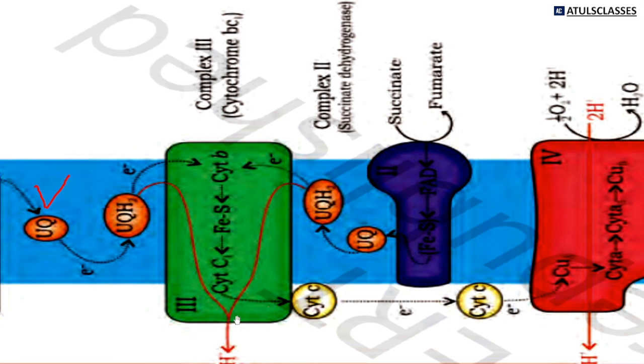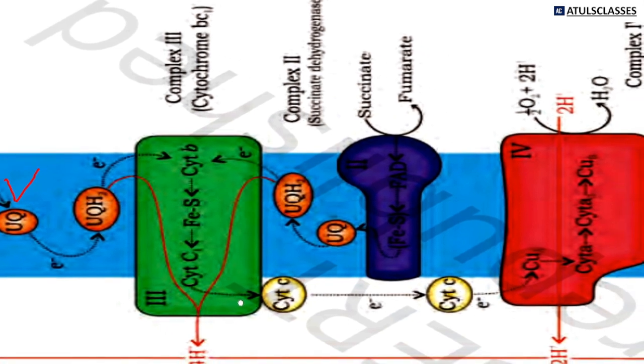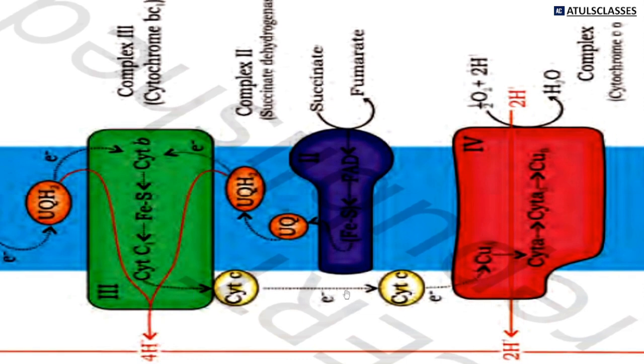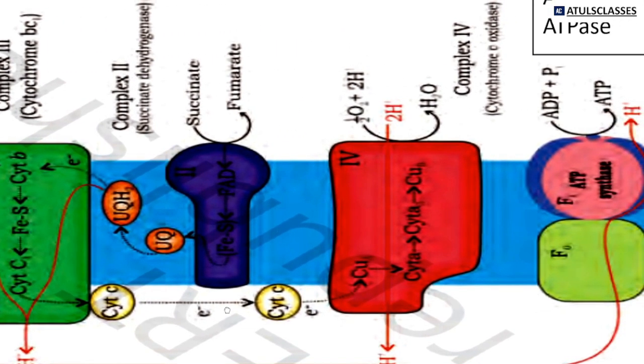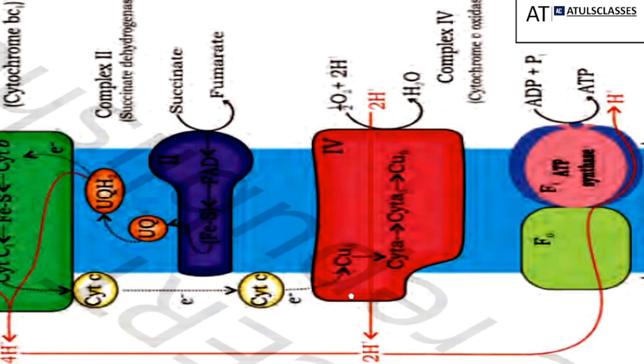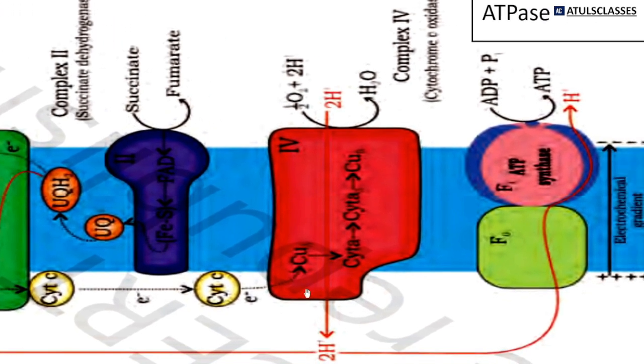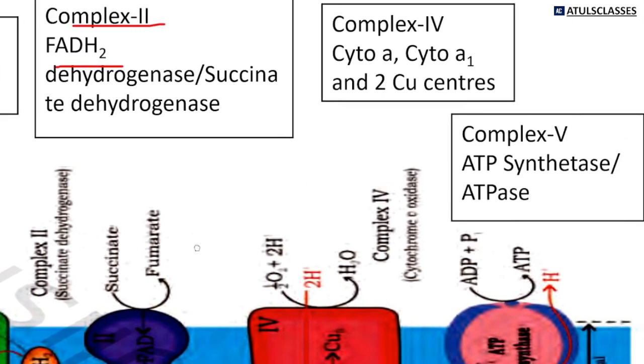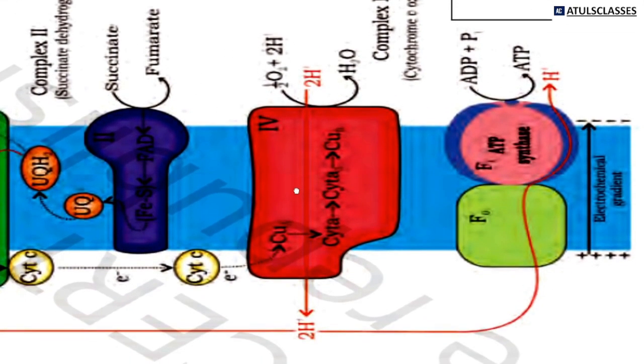Now this electron will then be transferred to cytochrome C, and to complex number 4, which is made up of copper, cytochrome A, cytochrome A1 and 2 copper units. So here also the electron is given out, plus there is a formation of 2 hydrogen ions. This hydrogen ion will move again to the intermembrane space.